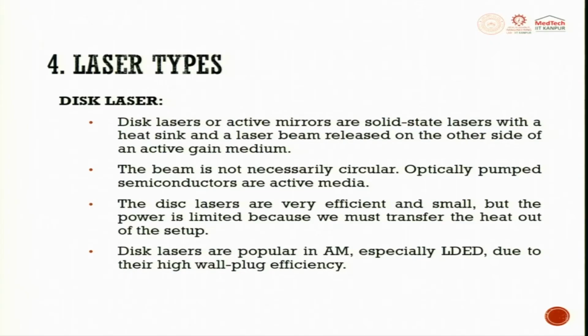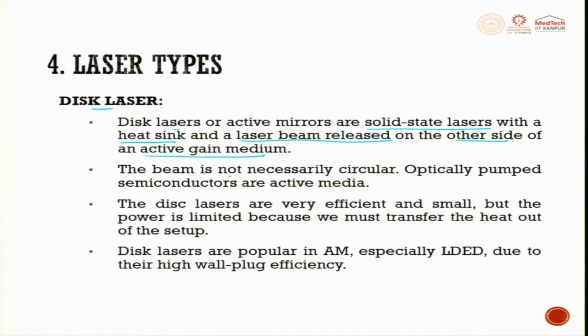Let us take the other laser, which is called the disc laser. Disc lasers or active mirrors are solid state lasers with a heat sink and a laser beam released on the other side of an active gain media. So here also it is a solid state laser with a heat sink and a laser beam released on the other side of an active gain media.